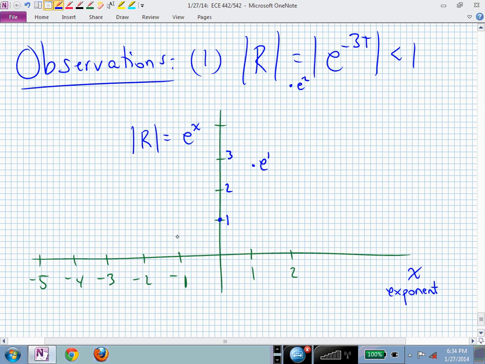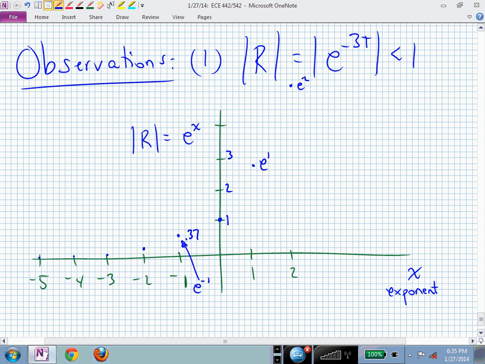So this is 0.37. That's e to the minus 1. What's e to the minus 2? 0.37 squared, right? It's a bit smaller, 0.135. So that's down here. e to the minus 3, even smaller. e to the minus 4, e to the minus 5. After 5 time constants, this is less than 0.01 in value.